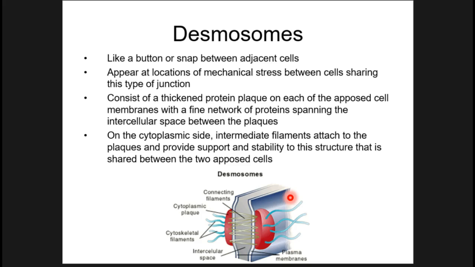So a desmosome is a rivet that is going to make it a very strong connection between cells. It would be hard for them to be torn away from each other. But it's not going to prevent any of the other things that we've talked about. It's not going to prevent molecules from getting in or out, or bacteria, or anything like that. So we're going to see desmosomes in cells that need to be very strong with each other.